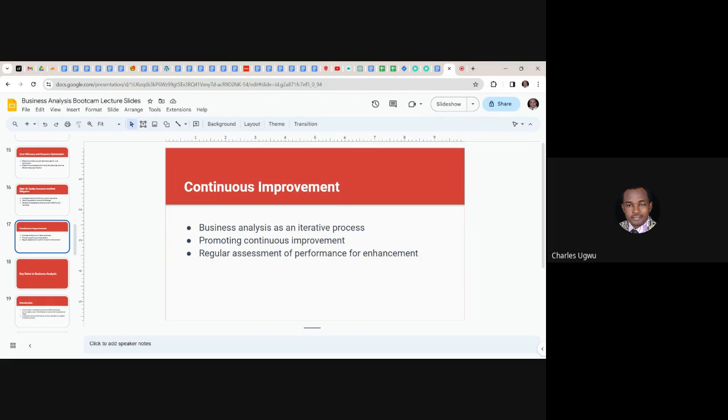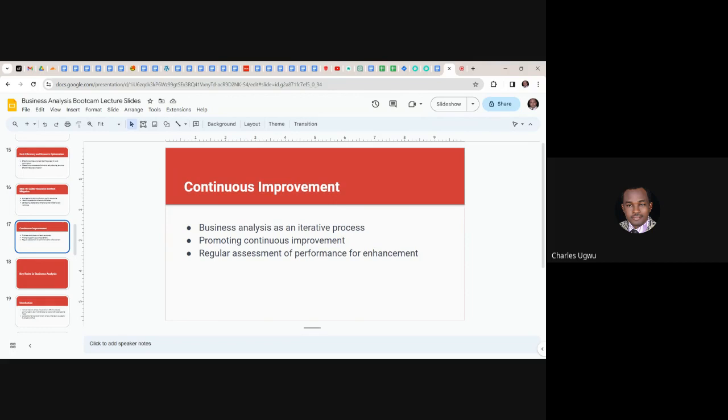Most of these developers and companies are always in their labs researching and developing, bringing out better applications and updates to what you have. And you, as a business analyst, must make sure that this continuous improvement is equally being witnessed within your own organization.